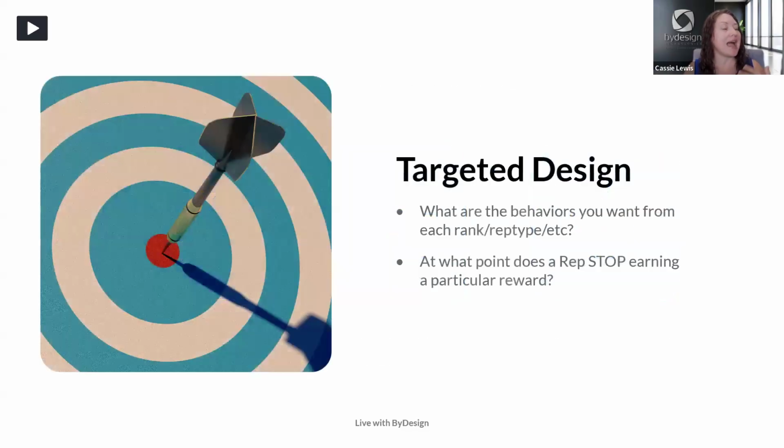But when it comes to the actual recommendations here for targeted design, I already talked about driving specific behaviors, but it's not enough to just say across the board, we want to drive these 3 to 5 behaviors. That's a great start, but I encourage you to take it a step further and get more granular.